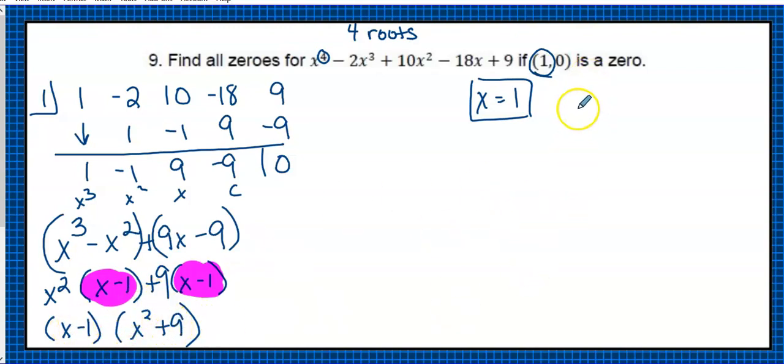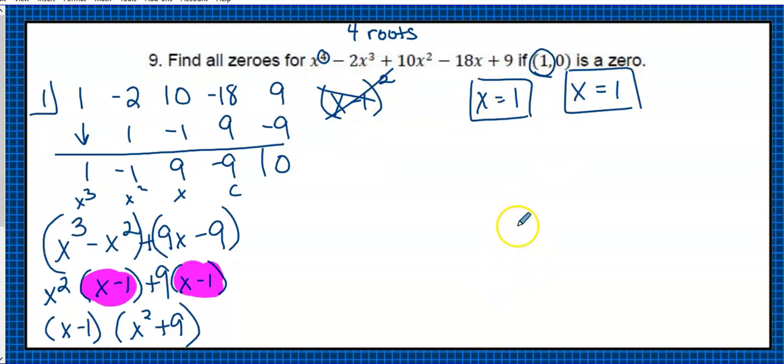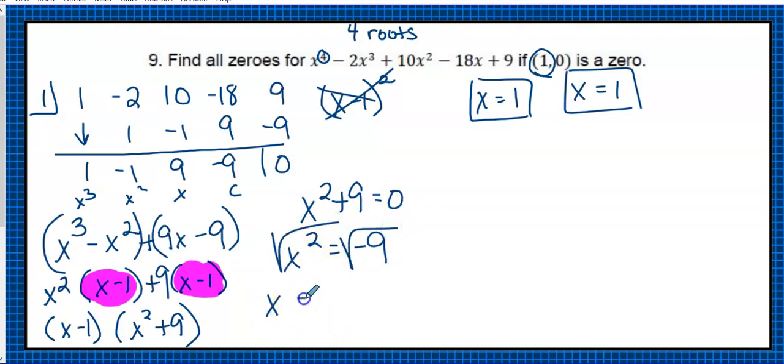So this is x minus 1, which means I have another factor at x equals 1. So that's your multiplicity. So you would have this in your factored form, in your intercept form. But we don't need to know that. We just know that x equals 1 shows up twice, okay? So it bounces there. My other one, x squared plus 9, if I set that equal to 0, I can take the square root of both sides and get x equals plus or minus 3i, because it's a square root.